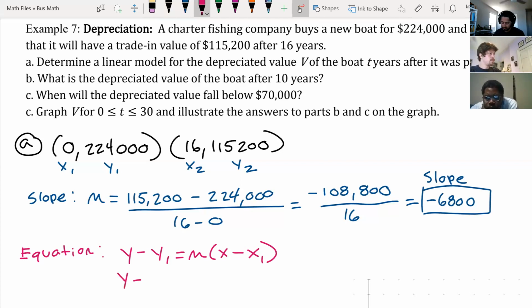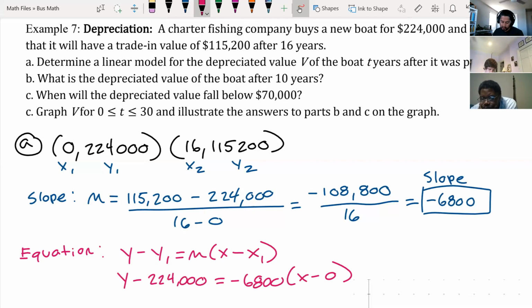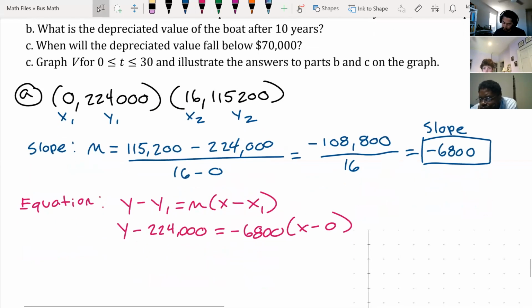So y minus 224,000 equal to negative 6,800 times x minus 0. And then y minus 224,000.